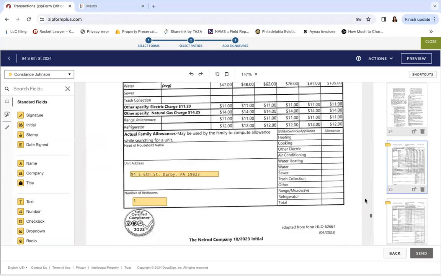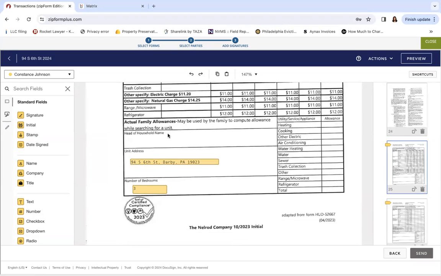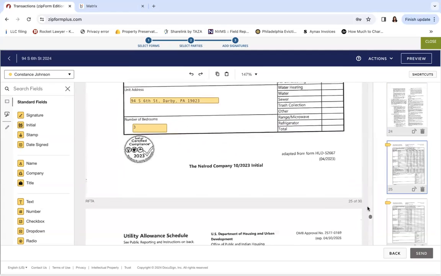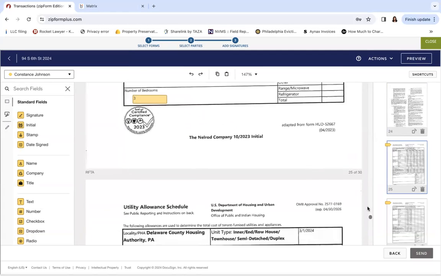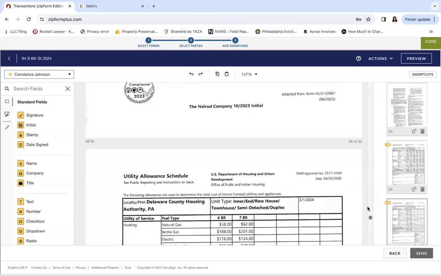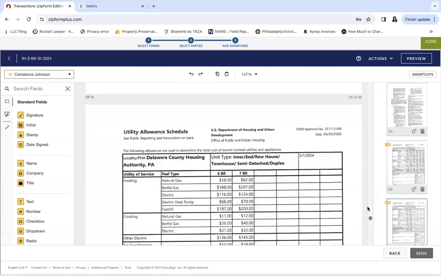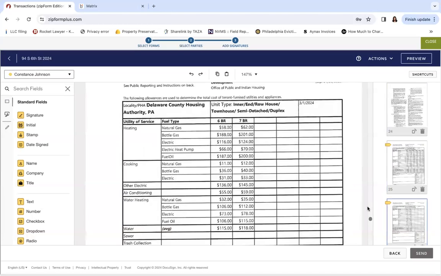Here where it says head of household name, you're going to put the tenant's name. You're going to put the property address under unit address and the number of bedrooms. This you'll leave blank. The caseworker will fill this out here on this right-hand side on what they're given or how much allotments they're given. Remember, this form is to make a determination on whether they can afford to rent for the amount you're requesting.